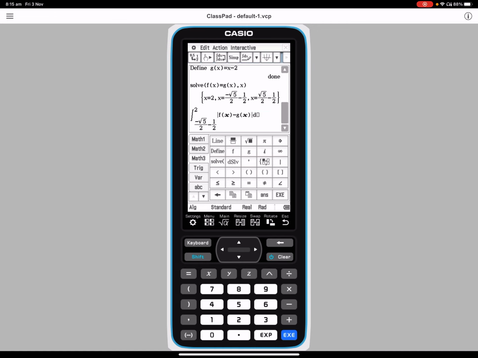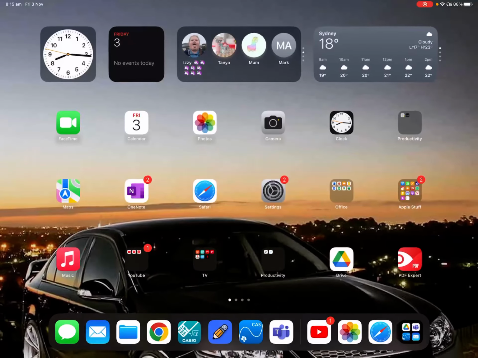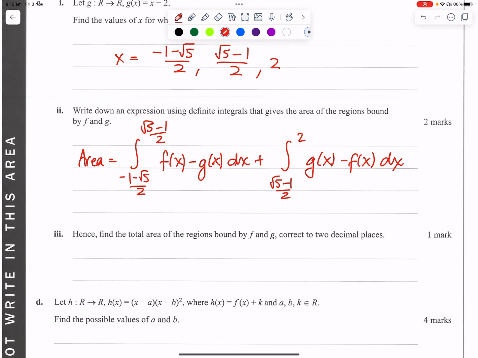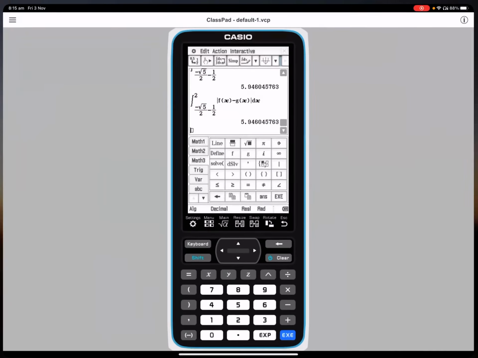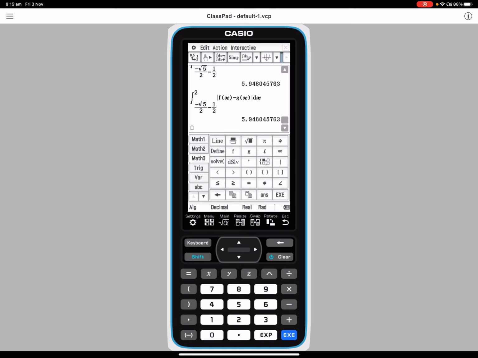So anyone who does Specialist will know that when you mod something, it makes everything positive. And we wanted it to 2 decimal places. So the area is approximately 5.95 when we round it.